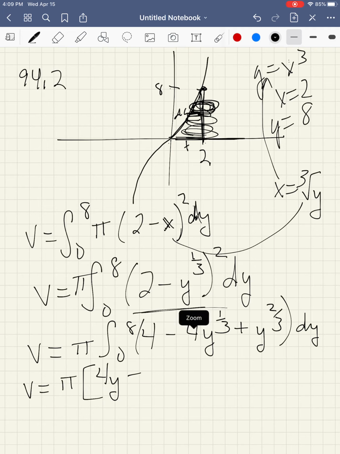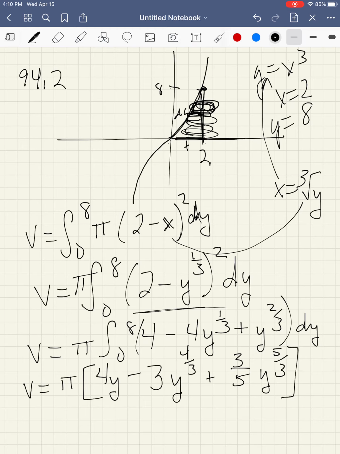So 4 times 3/4 would be 3y to the 4/3. And then plus 2/3 plus 1 would be 5/3, so this would be 3/5 y to the 5/3, and that's evaluated from 0 to 8.